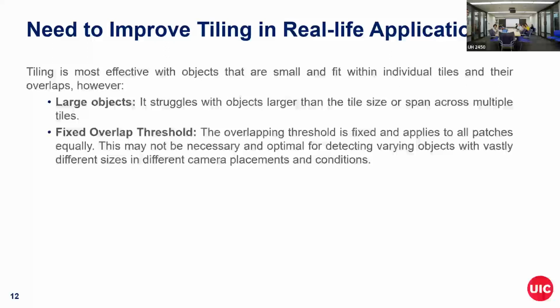This is unnecessary and not efficient for detecting objects of vastly different sizes and also in different camera placements. If you change the camera placement, you have to recalibrate the overlapping again for that scenario.